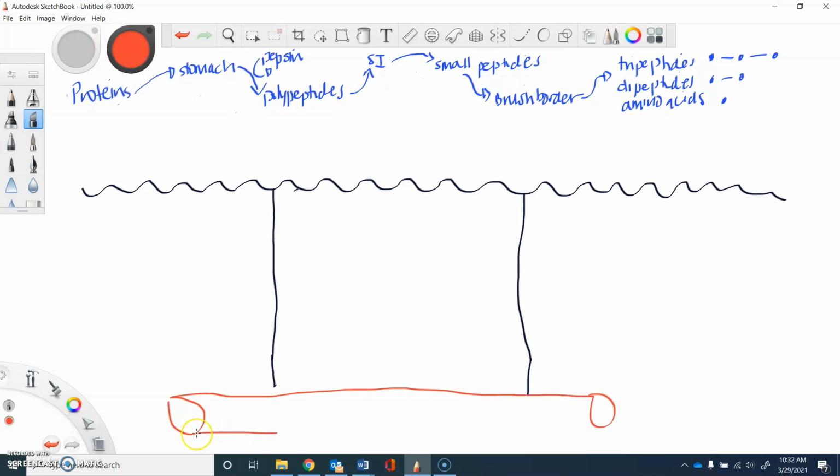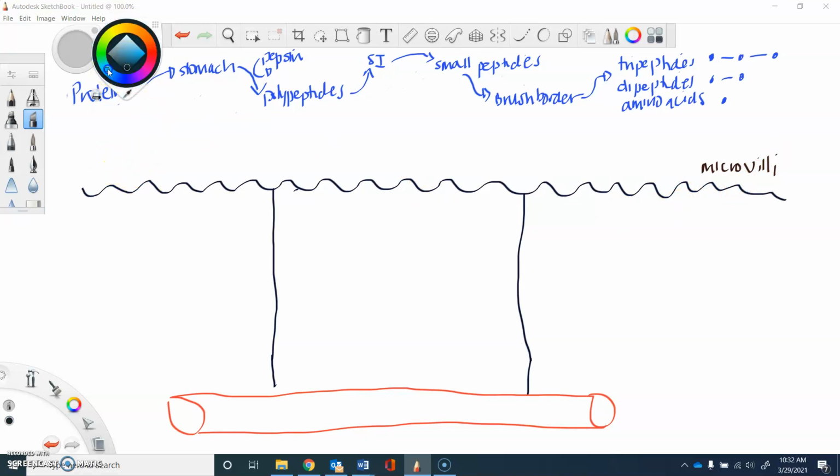So there's our little blood supply. All right, up here we have microvilli, and that forms the brush border.